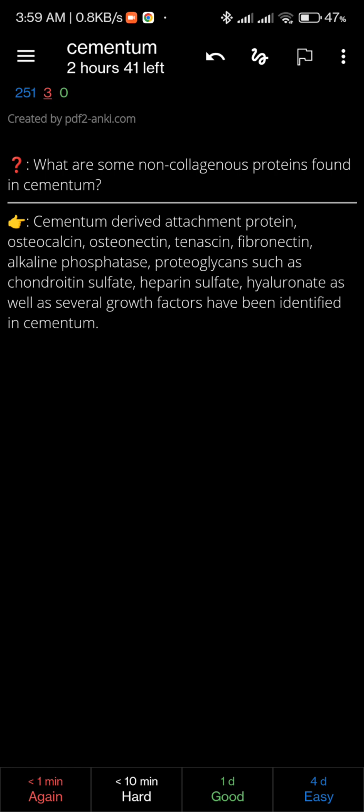We have osteonectin, osteocalcin, fibronectin, tenascin, alkaline phosphatase, proteoglycans such as chondroitin sulfate, heparan sulfate, hyaluronate, as well as growth factors. Several growth factors have been identified in cementum.